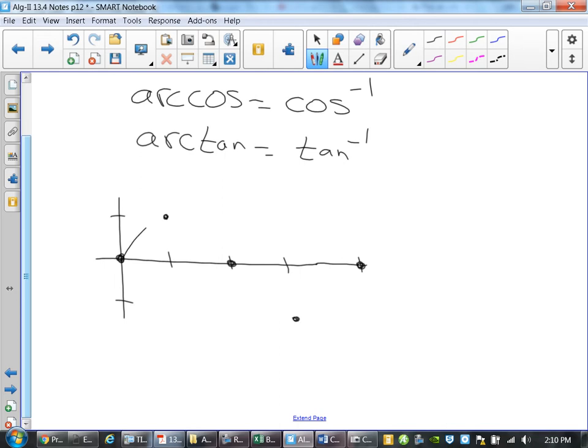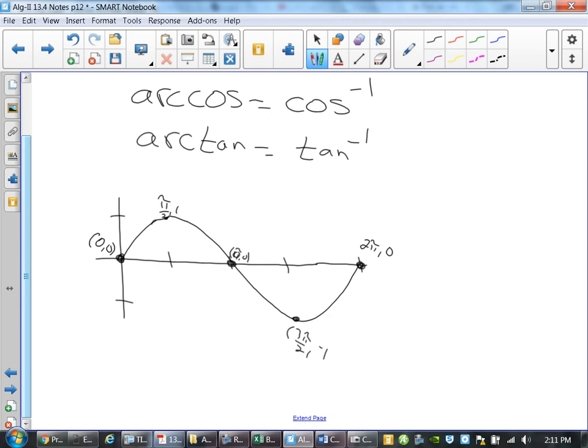So for the ordered pairs, you're at 0, 0, then pi over 2, 1, then pi, 0, then 3 pi over 2, -1, then 2 pi, 0.